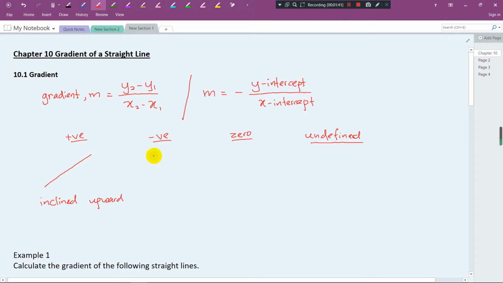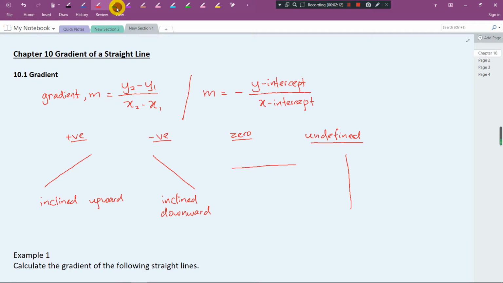If the straight line is going downward, or we say inclined downward, the gradient will be negative. If the straight line goes horizontally like this, parallel to the x-axis, this is 0. If the straight line is going vertically like this, straight up, parallel to the y-axis, the gradient will be undefined. Okay, let me explain.